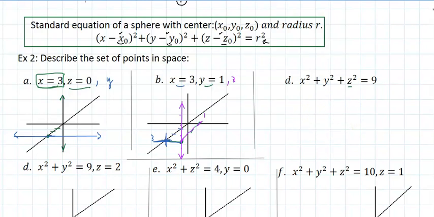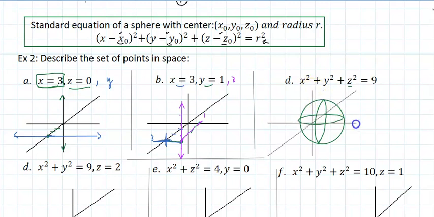If I want to graph that, I would go ahead and sketch a circle. And another, and then I'll add the axes in it. I'll draw the x, y, and z.